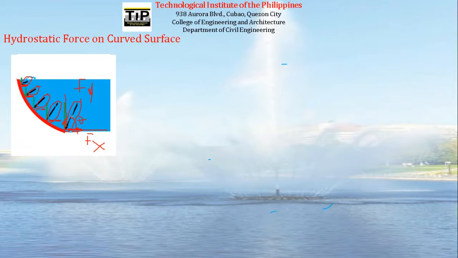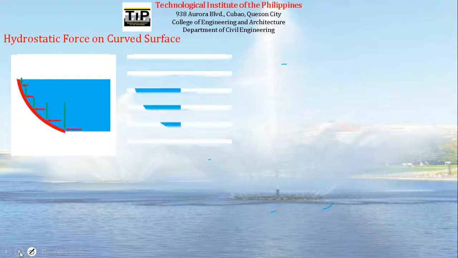But yes, we can reduce it to components, no? F sub y and F sub x. Okay, so these are the forces that are exerted by the water onto the curved surface. We have vertical and horizontal components.